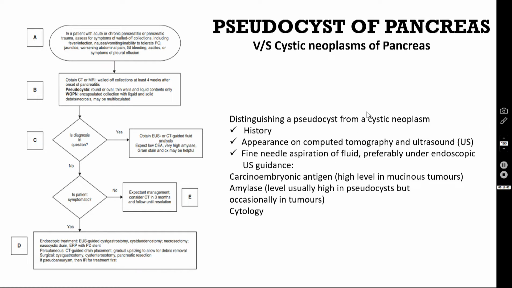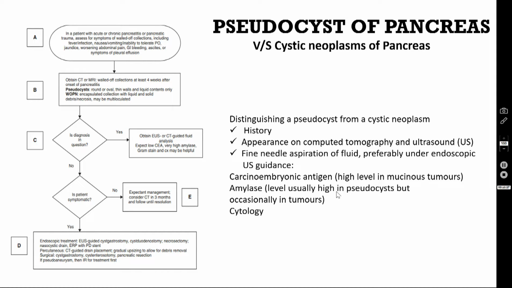Fine needle aspiration of the tumor or the fluid, preferably under endoscopic ultrasound guidance, can be done. In this fluid analysis, the carcinoembryonic antigen will be very much increased if it is a mucinous tumor, that is the cystadenocarcinoma.